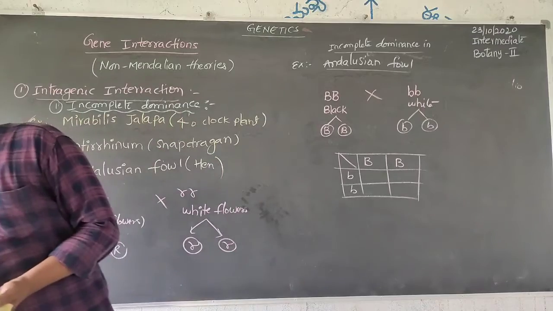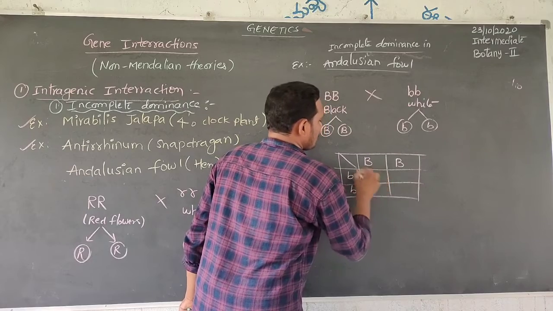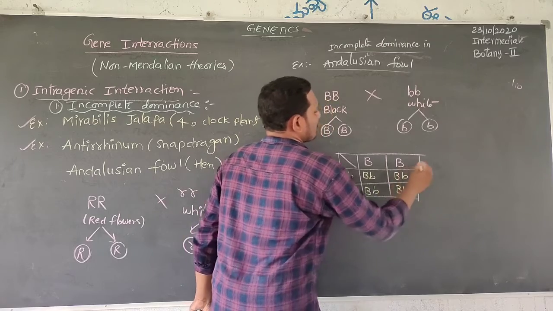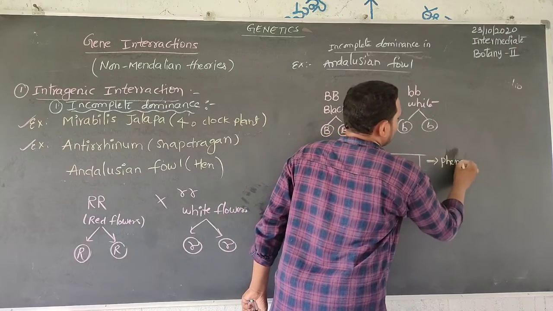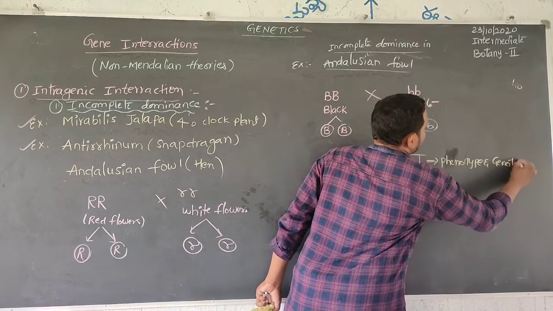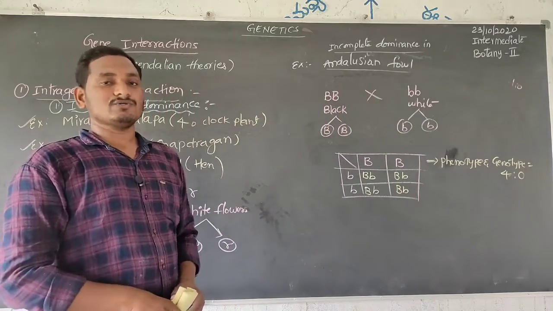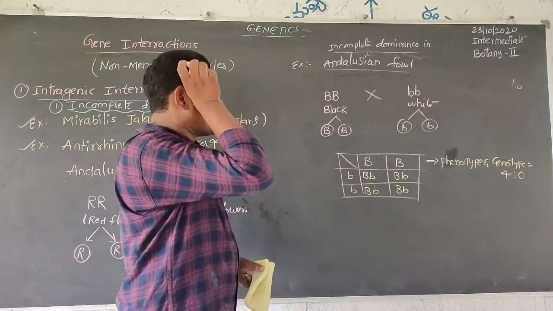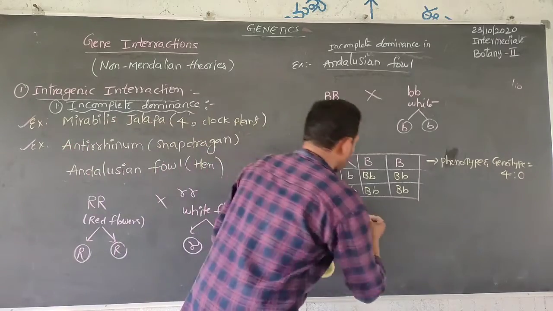So we get Bb, Bb, Bb, Bb. Means the phenotype ratio and genotype ratio are 4:0. Why? Because all hens show the same color, black. So that is 4:0. This is F1.